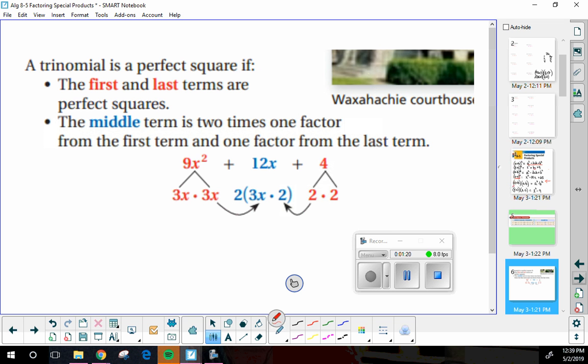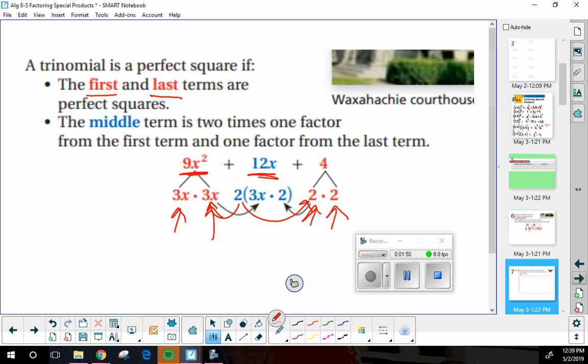All right, so we want to recognize what a trinomial is. A trinomial is a perfect square if the first and last terms are perfect squares. So this 9x squared can be written as 3x times 3x, and 4 can be written as 2 times 2. And then if the middle term is 2 times the product of this and this, then it is a perfect square.